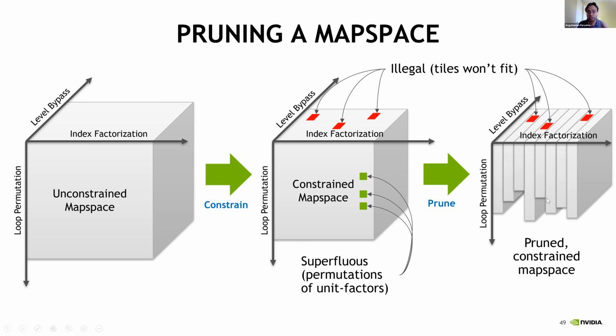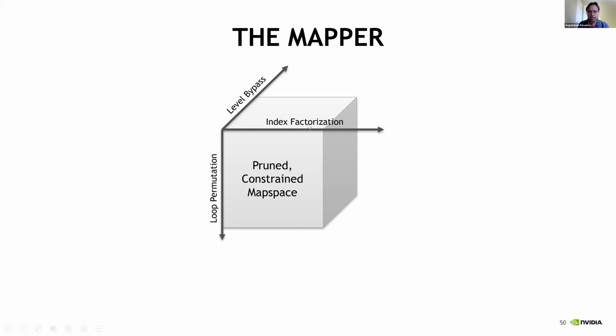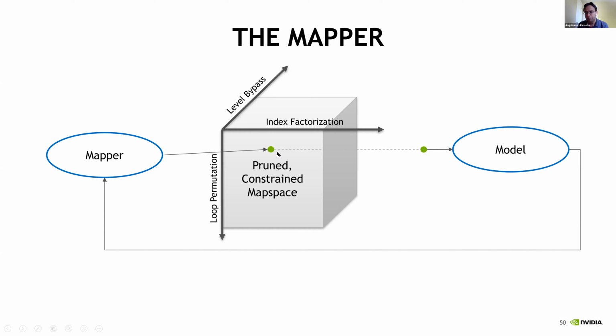And remember, I said you should always use the pruned version of the heuristic. This is why, because it uses these pruned map spaces. Okay, so given a pruned and constrained map space, the mapper search heuristic basically samples a mapping from that, runs it through the model, and then completes the feedback loop and decides whether this mapping was better than some other mapping that it found before, and then decides what's the next mapping to sample.